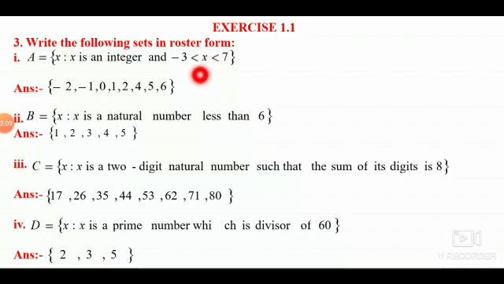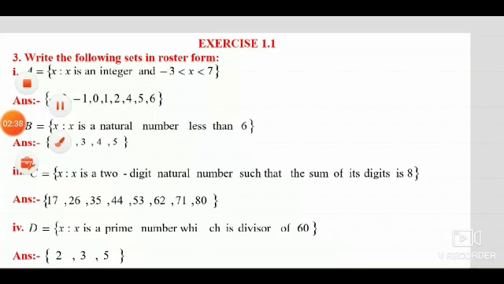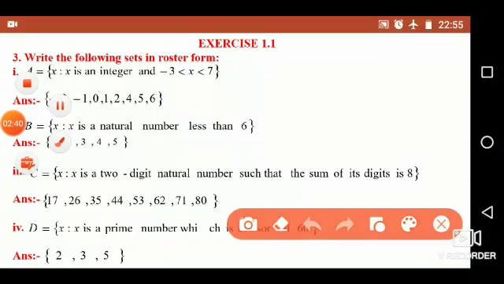Since X is an integer and it is greater than -3 and less than 7, the elements which are greater than -3 are -2, -1, 0, then 1, 2, 3, 4, 5 and 6. These are the elements which are less than 7. My dear students, here one number is missing over here, the element 3, which is a member of the given set.